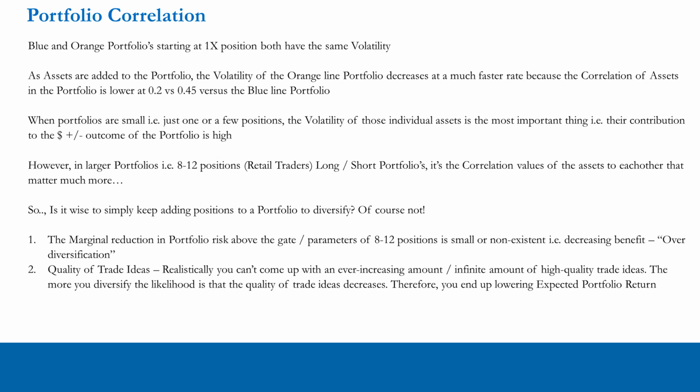Firstly, the marginal reduction in portfolio risk above this gate or parameter of 8 to 12 positions is small or non-existent. So there is a decreasing benefit beyond a certain point for diversification.